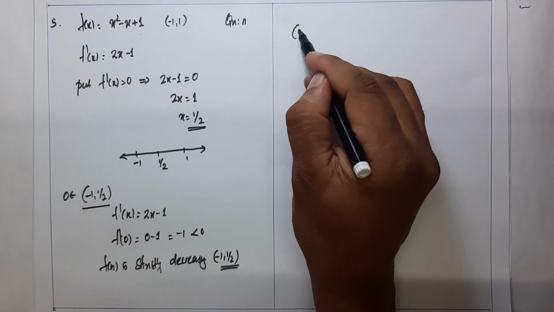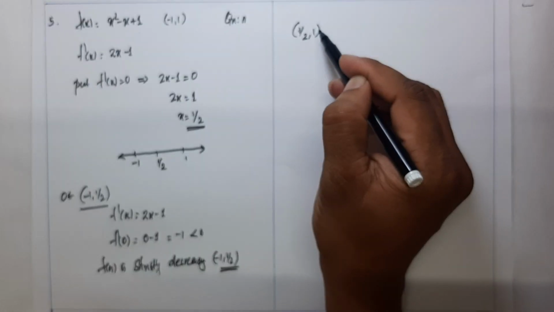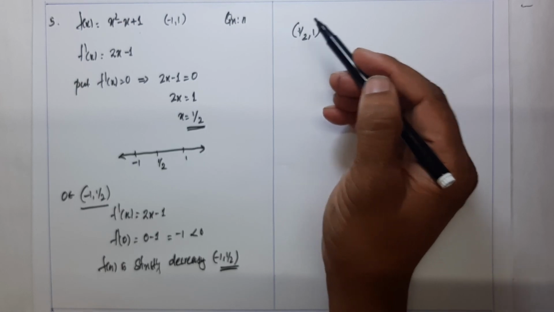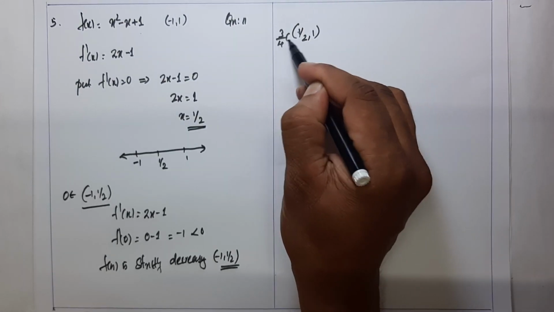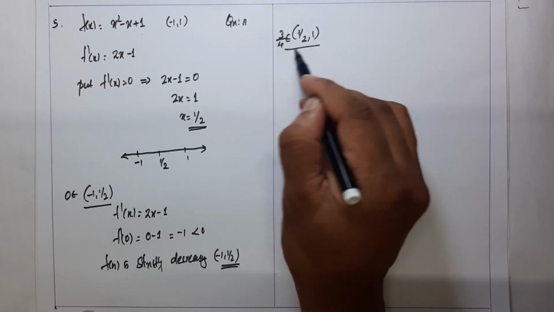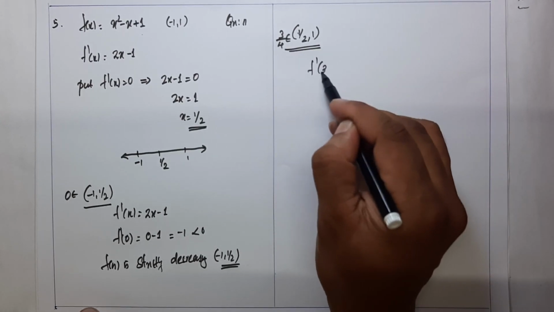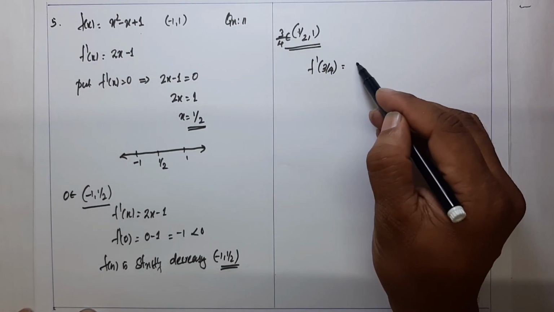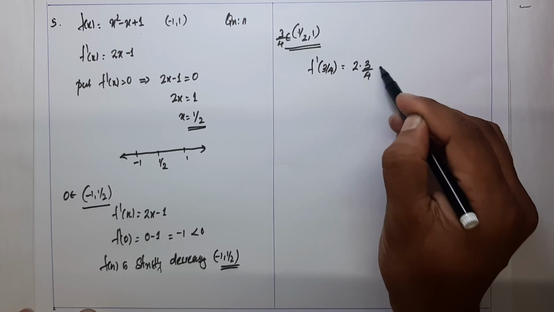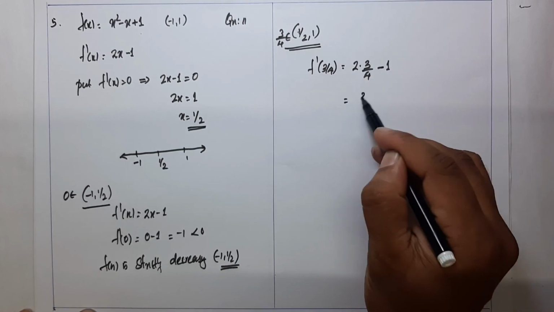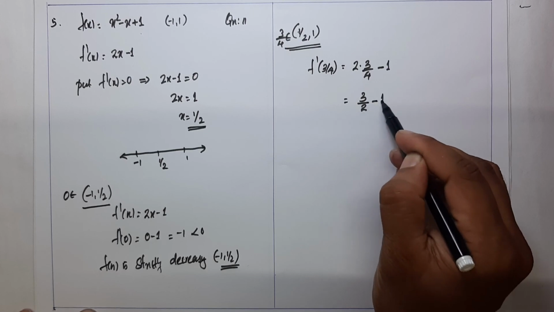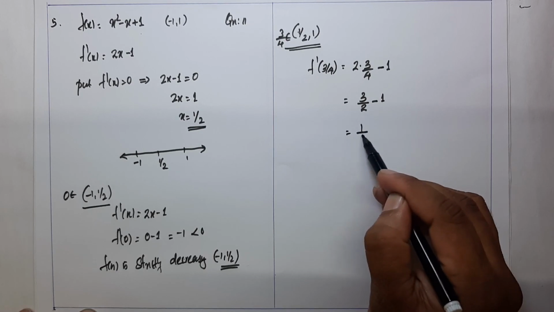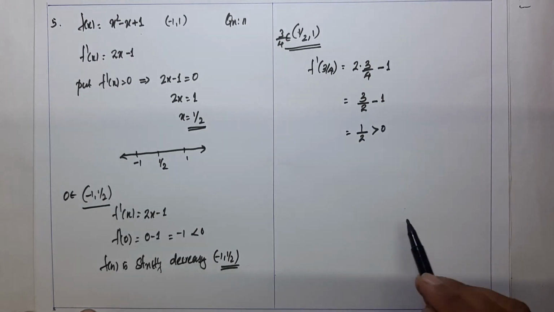Our next interval is 1 by 2 to 1. You take any point between 1 by 2 and 1. Let us consider 3 by 4. Okay, 3 by 4. Now f dash 3 by 4 is equal to 2 into 3 by 4 minus 1, which is 3 by 2 minus 1, that is 3 minus 2 over 2, which is 1 by 2, greater than 0.